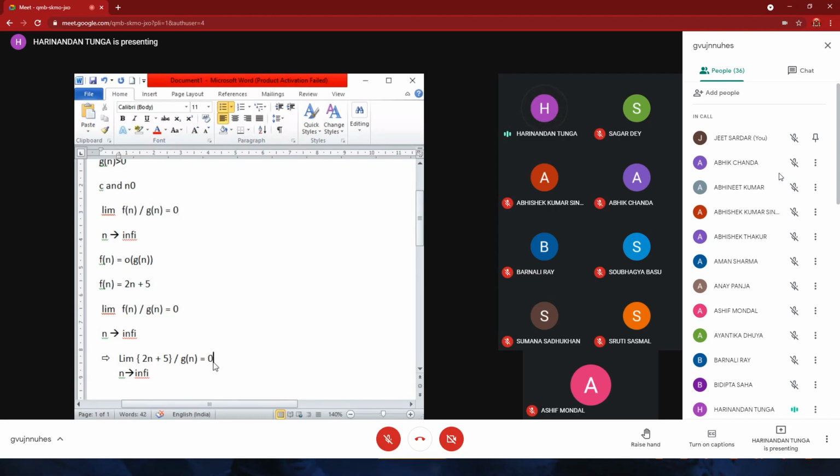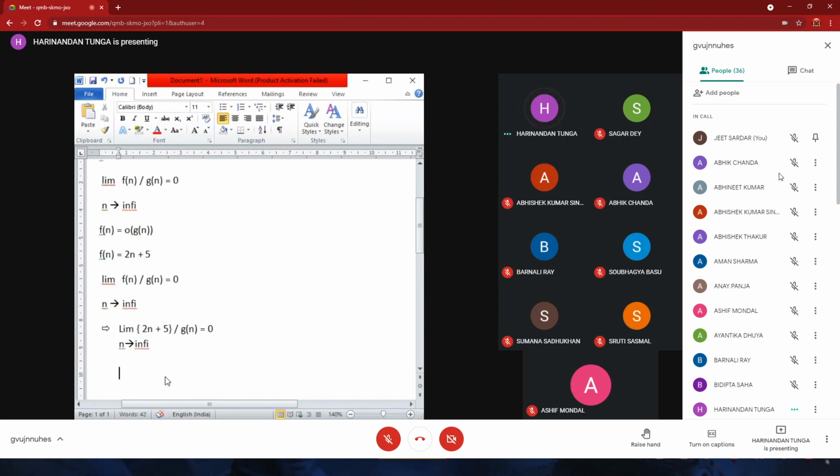If Gn equals n square, in this situation, let us just put in the value of Gn, n square.